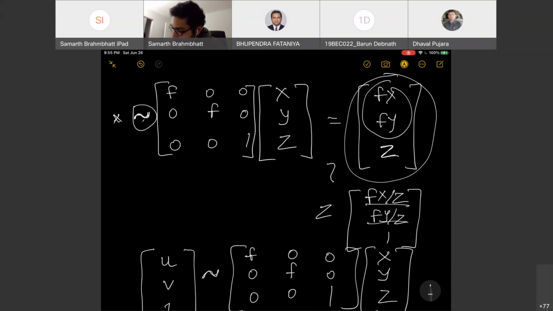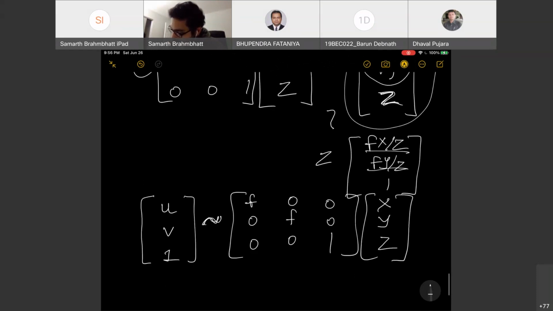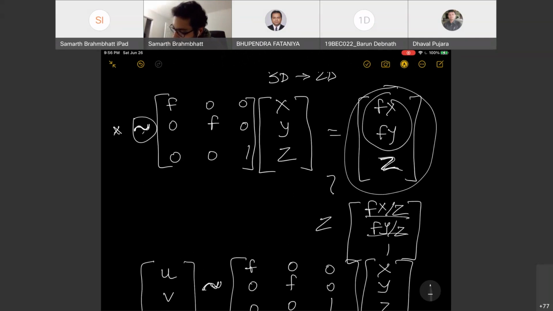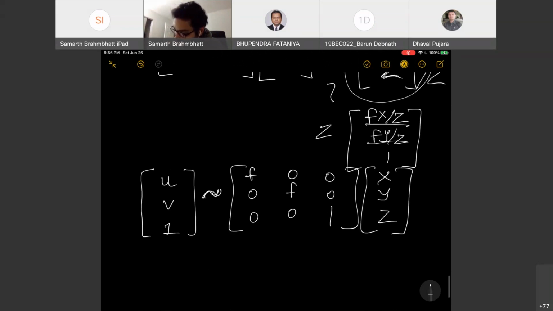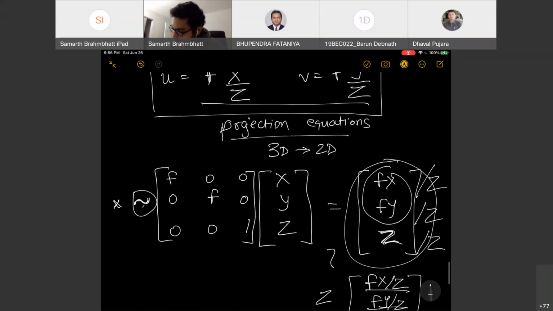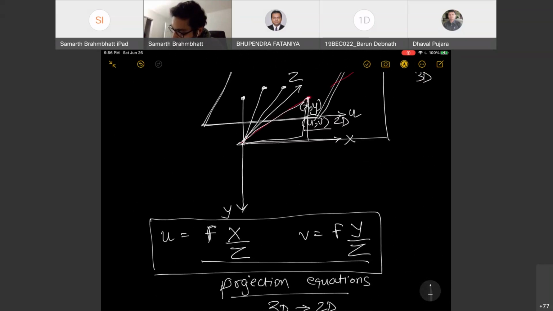Because when you actually multiply, you will get z here, but since it is homogeneous, you can divide the whole vector by any scalar. So if you divide the whole vector by z, then we get fx by z, fy by z, and 1, which is what we called our uv point, which is our 2D point.